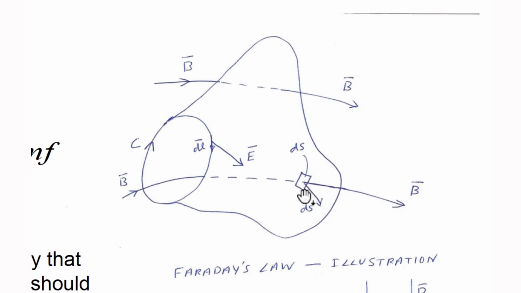If you look at a magnetic flux density B coming out of a small elemental area, and you multiply the normal component of that with the elemental area, you get the net flux coming out of this elemental area.